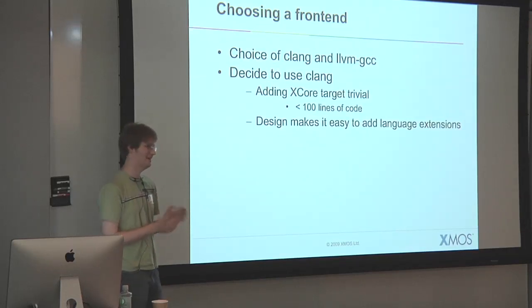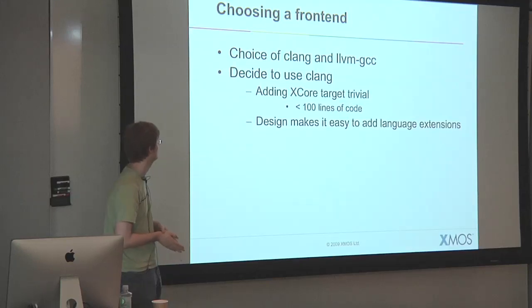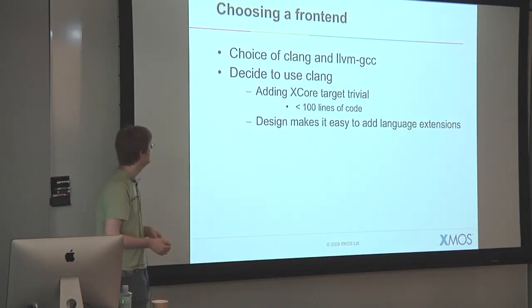We didn't have any support in Clang for the XCore, but adding it was very trivial. It was less than 100 lines of code because we already had the LLVM XCore backend. There really wasn't much work to do there.